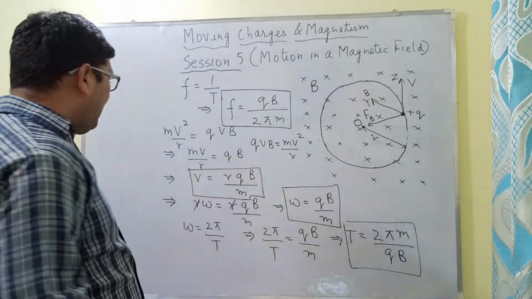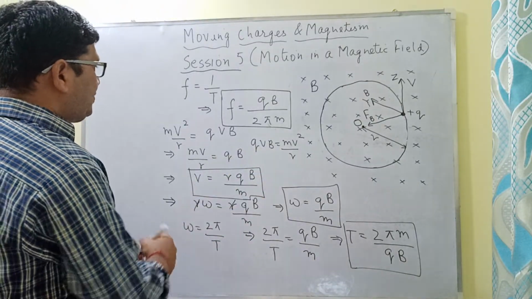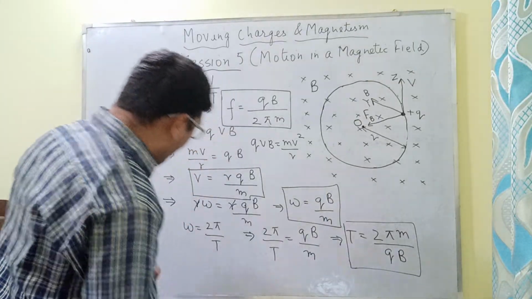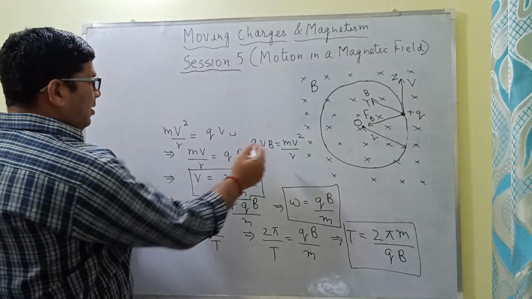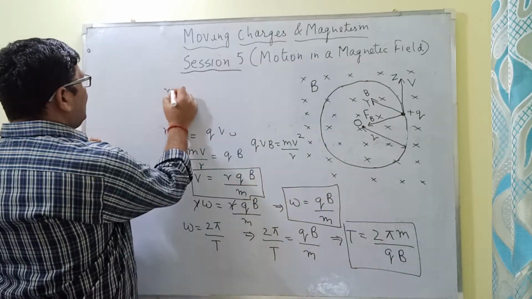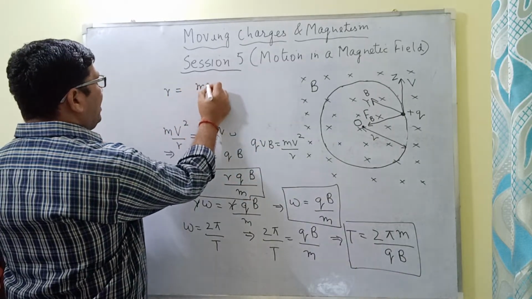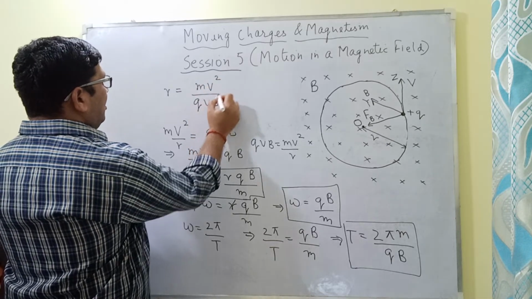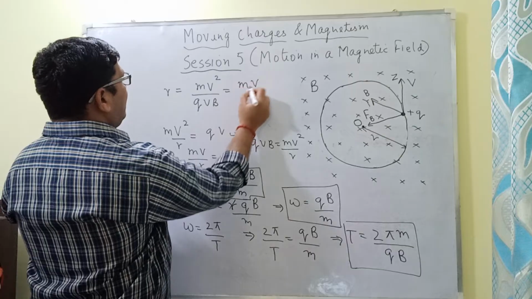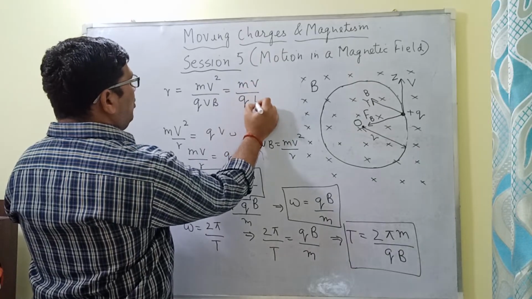From here you can also calculate the radius of this circular path. If we talk about it, then r, the radius of the circular path, will be given by mv square divided by qvb, or it will be equal to mv divided by qb.